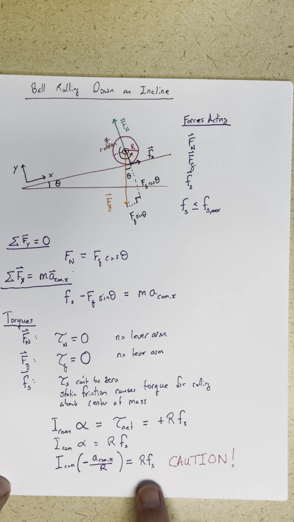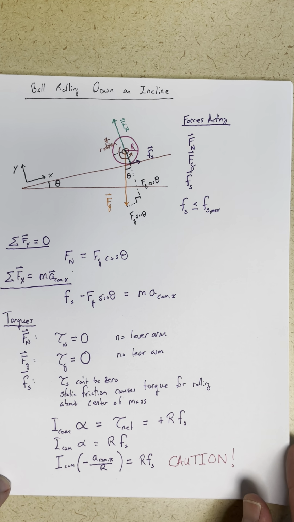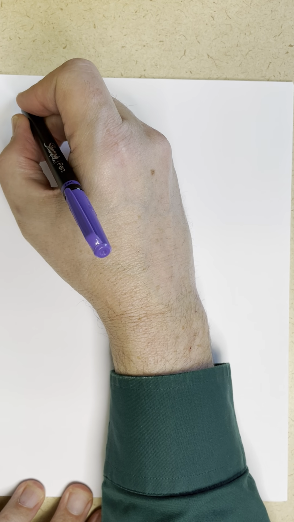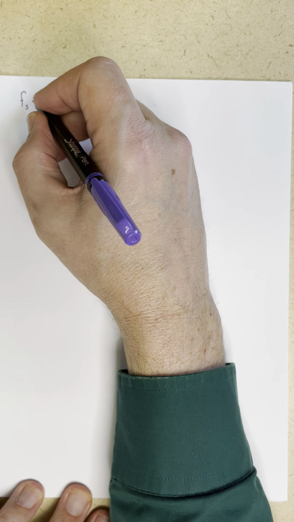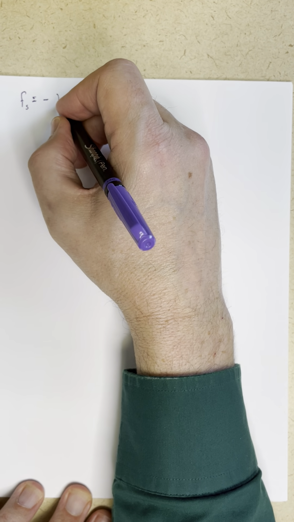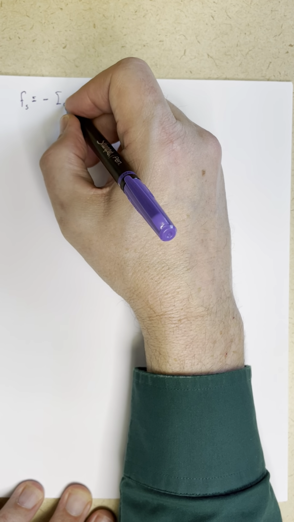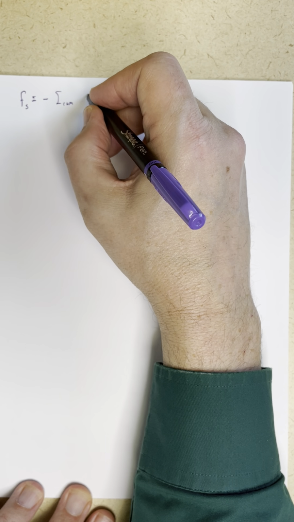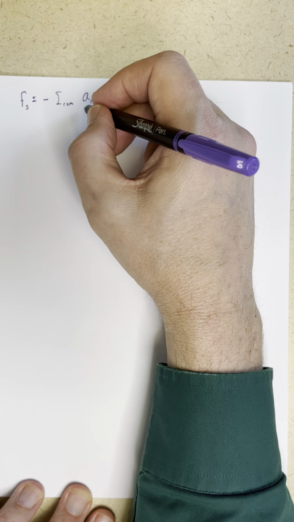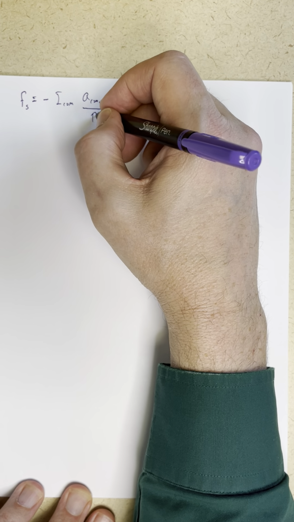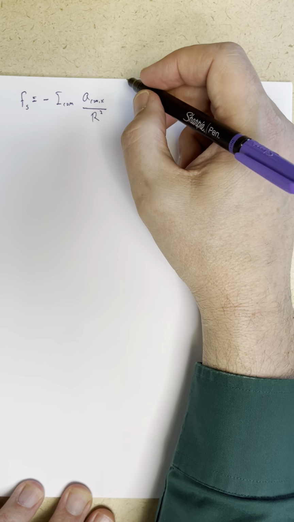All right, so I'm going to rearrange this equation to get an expression for static friction and see what we can learn from that. So the force of static friction will be equal to minus the rotational inertia around the center of mass for the ball, acceleration at the center of mass, x component, over radius of the ball squared.